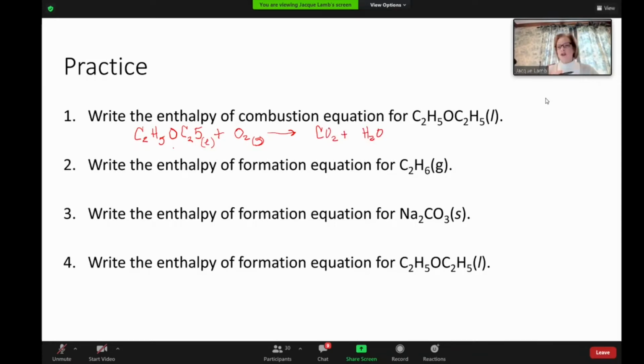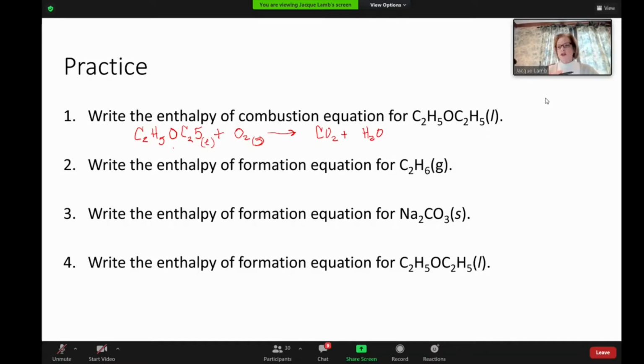So we have to balance it. We have 4 carbons on this side, so we need to put a 4 over here. We have 5 and, oops, I'm sorry. What happened to the H5? That's an H in there. I'm sorry. I put a 5, but I didn't put the H. C2H5. So there's 10 hydrogens. So we have 5 waters on this side. And now we count the oxygens.